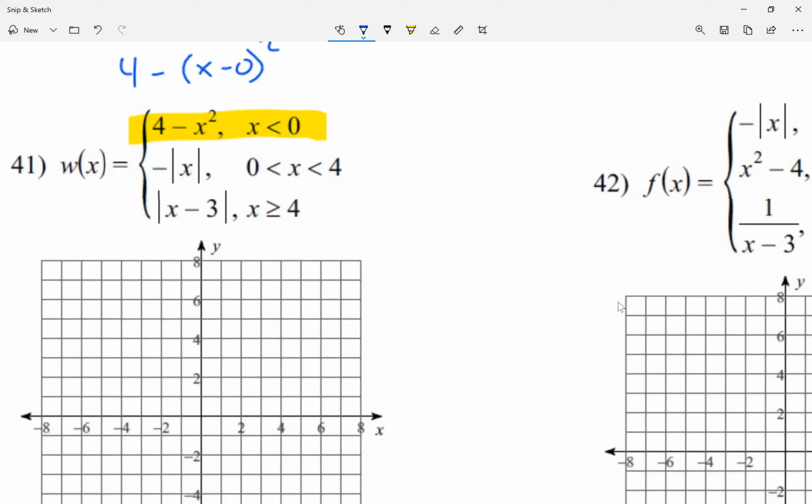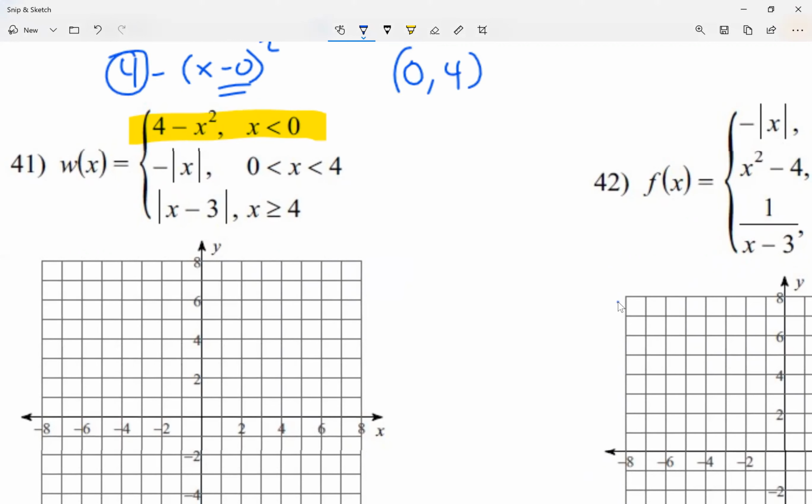Because it's the x by itself, so x minus 0 all squared. It gives me the vertex is (0, 4). The x value comes from inside of the parentheses, and the y value comes from this number outside. The negative that I see after the 4 has nothing to do with the 4. So that's why I call it +4.